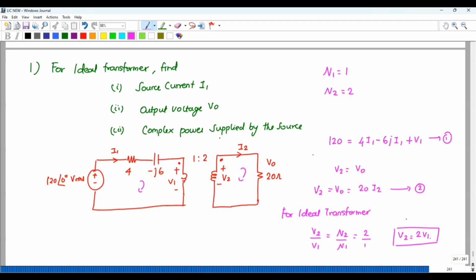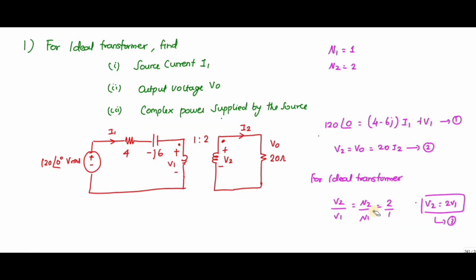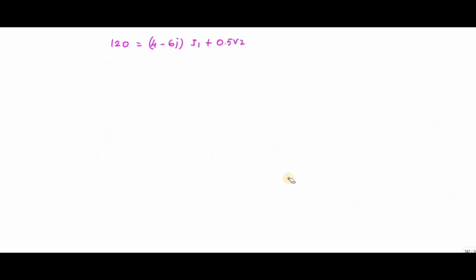So you substitute this third equation in the first equation. This is nothing but I1 by I2. So now you will get 120 is equal to (4 minus 6j) I1 plus 0.5 V2.